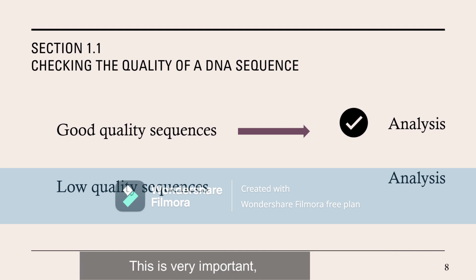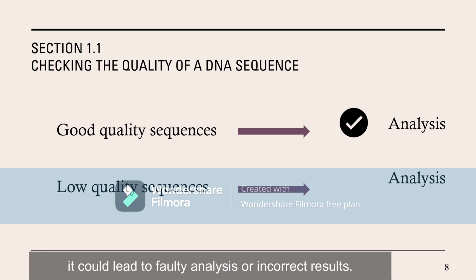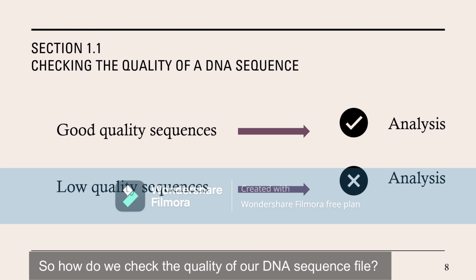This is very important because if you use a sequence file with low quality, it could lead to faulty analysis or incorrect results. So, how do we check the quality of our DNA sequence file?